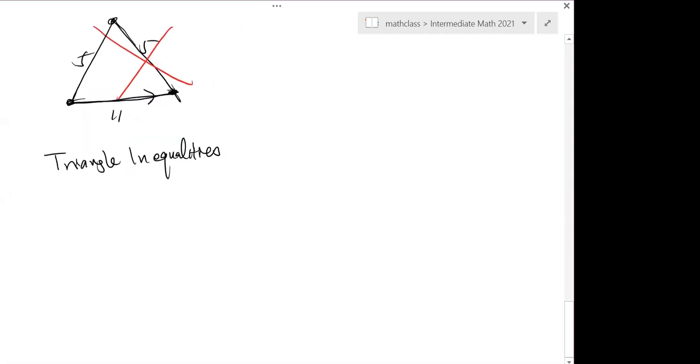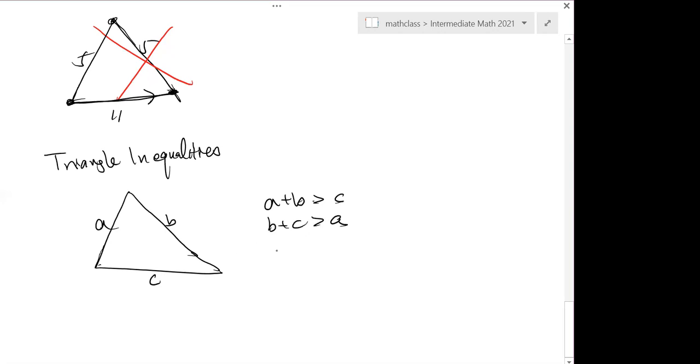If I have a triangle with sides A, B and C, then these 3 numbers are the 3 sides of a triangle if and only if A plus B is greater than C, B plus C is greater than A, and C plus A is greater than B. The reason A plus B is greater than C is that if you go from A to B, the distance is C along the straight line.